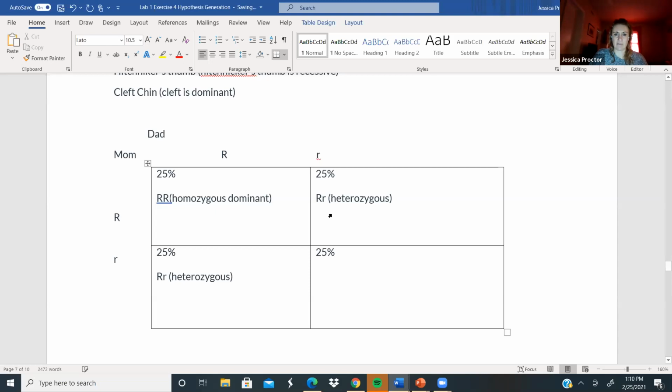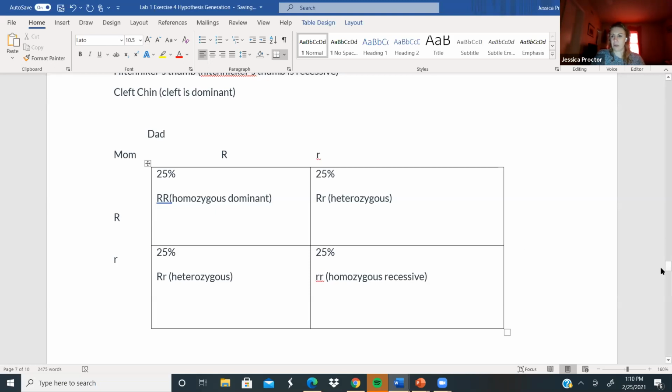And then in our last box, we take one allele from here and one allele from here. So in this last box, we end up with a homozygous recessive child.